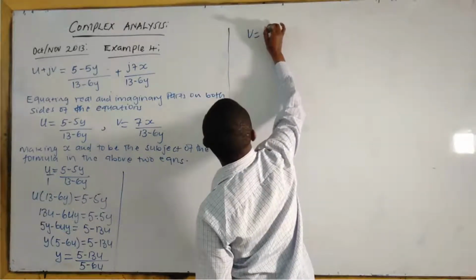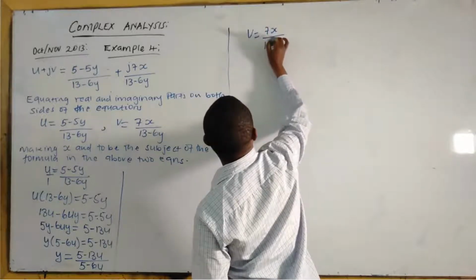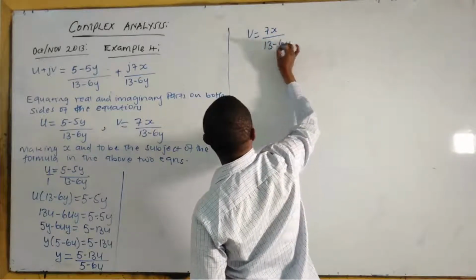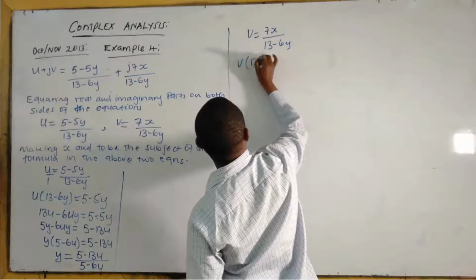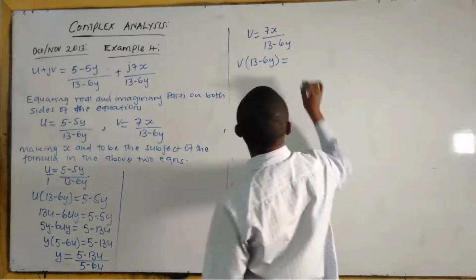v is equal to 7x over (13 minus 6y). So v into bracket 13 minus 6y is equal to 7x.